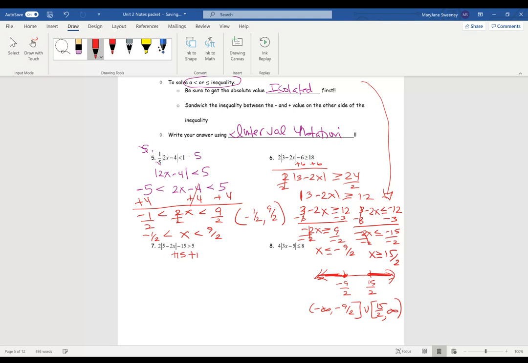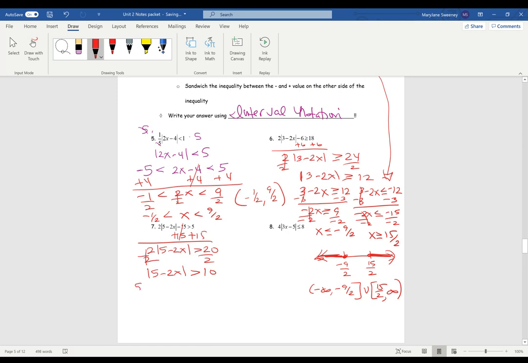Here I'm going to add 15. Divide by 2. Okay, it's greater than, so 5 minus 2x is going to be greater than 10. So I take that out of the absolute value.